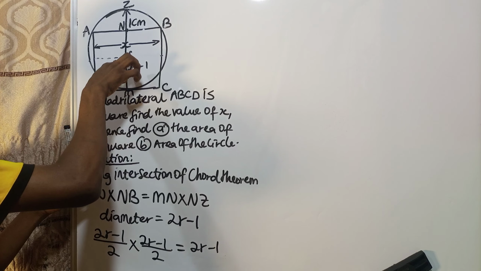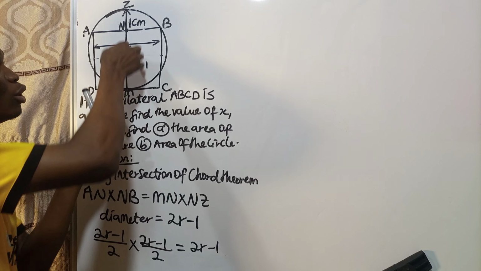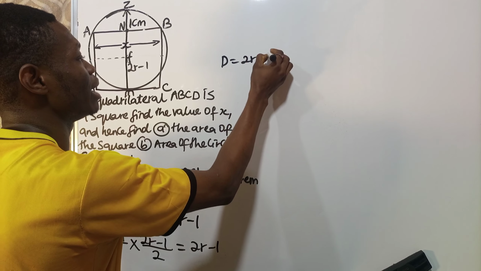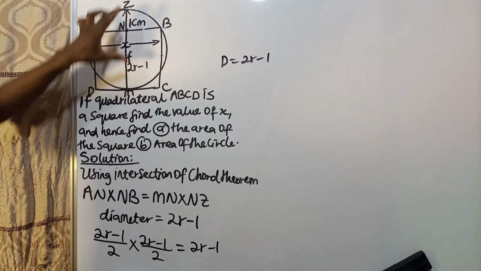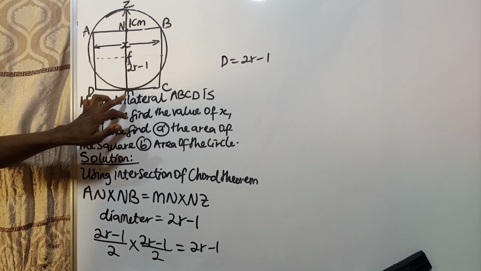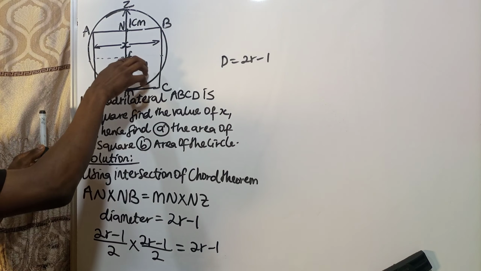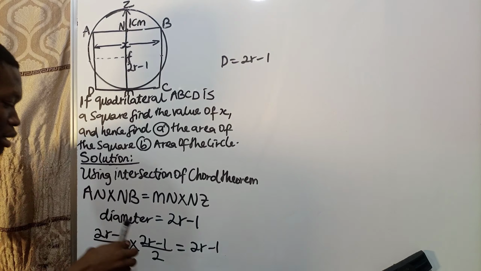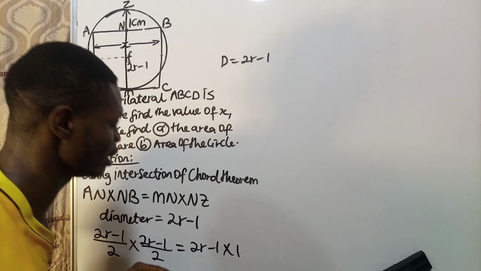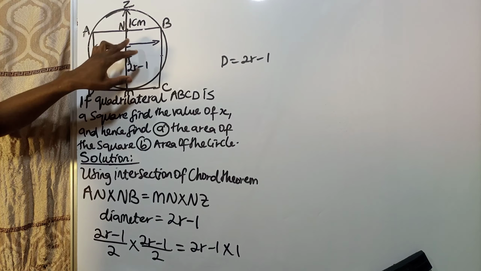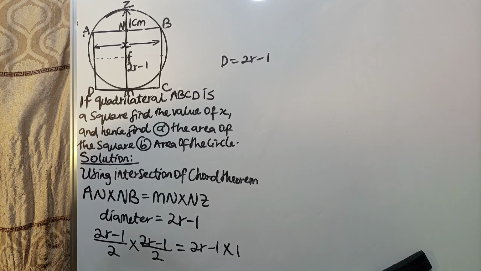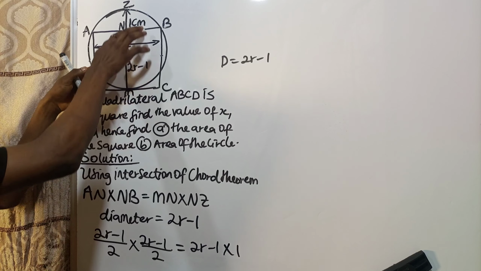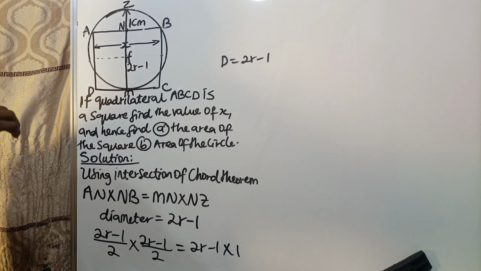We know the whole length of this diameter to be 2R minus 1, that's M to Z. But we already know that NZ is equal to 1, so there is no need of putting NZ as 2R minus 1. We can just say that MN is 2R minus 1.